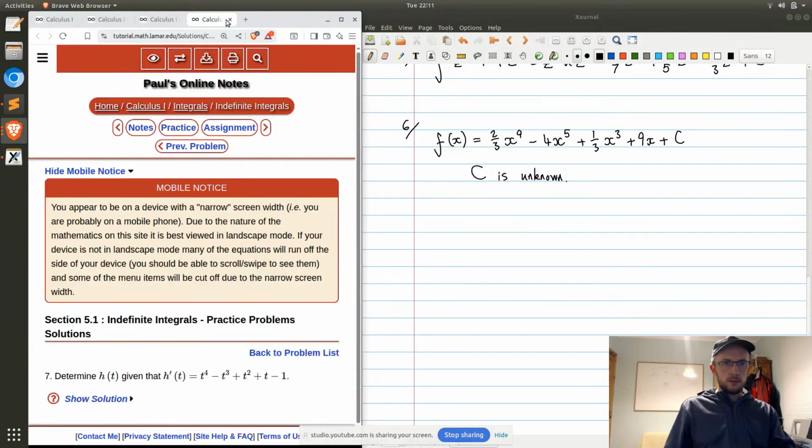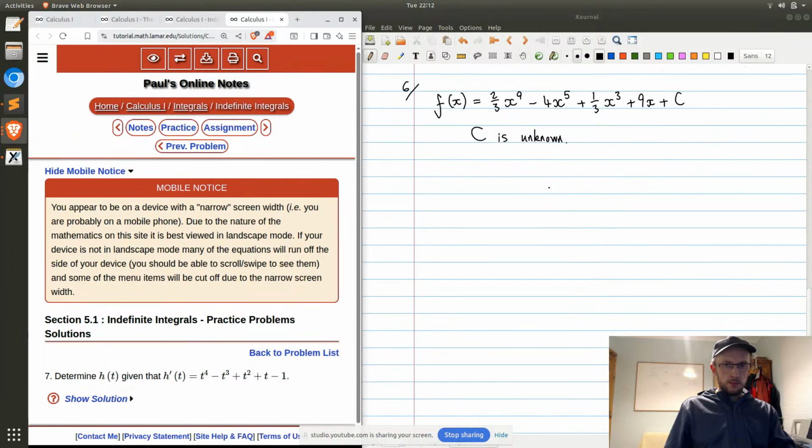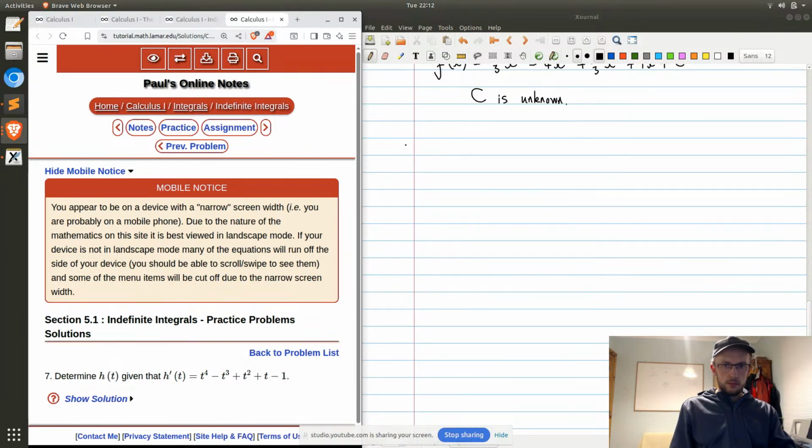Correct. Determine h of t, given that h prime of t is t to the 4, take t cubed, add t squared, add t, take 1, by indefinite integration.